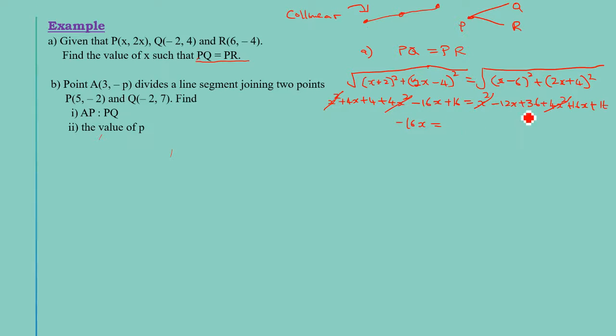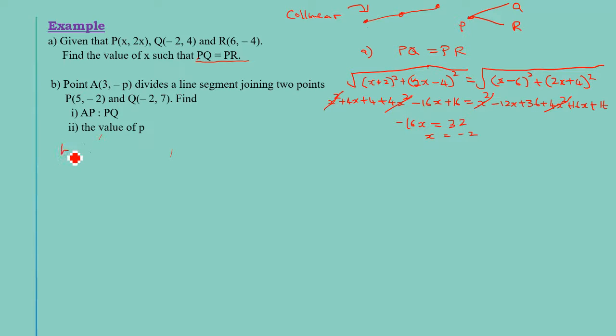The 16 and plus 16 cancel off. So you will get 32. So what you are left with is x is -2. That's what they ask you to find. Okay, so be careful. Remember the word collinear, and what it means when it's not given. So here you cannot use the concept of midpoint.